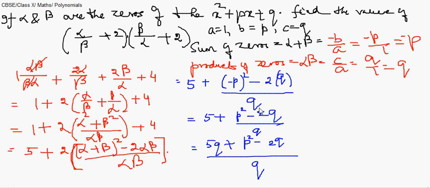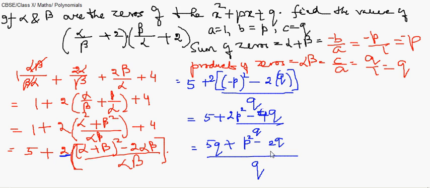Oh, I had this 2 here, which I left. So that would make this 2p square, and here it is minus 2 alpha beta, so 2q, that makes it 4q.